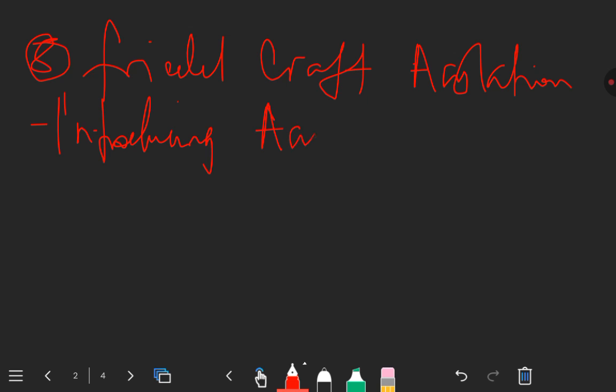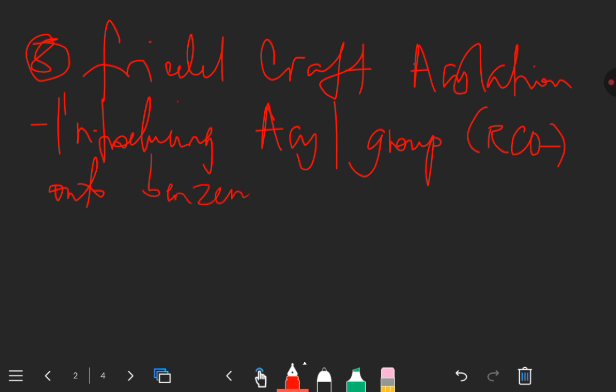An acyl group is simply this group, with a ketone like that. Okay, that is an acyl group. It is just an alkyl group bonded to a certain ketone. Then we are introducing it onto the benzene.